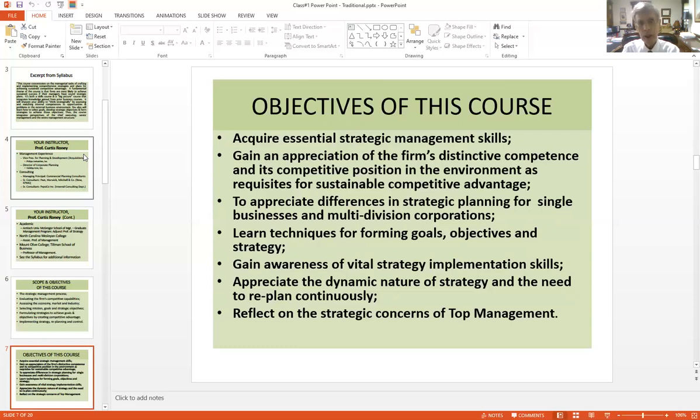we want you to gain some skills in strategic management so you can use them when you go to work as a manager in a company. We want you to understand what it is that makes a good plan and a good strategy versus others, because lots of people try to do this stuff. And a key concept is distinctive competence.